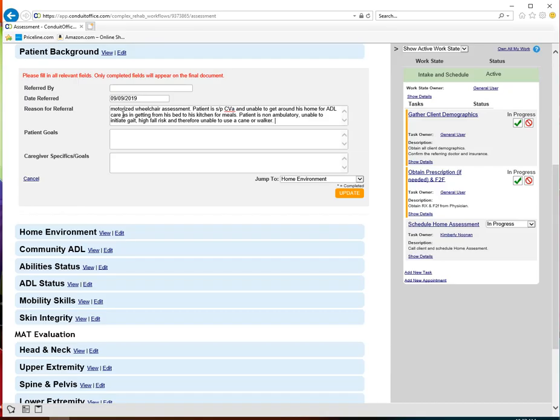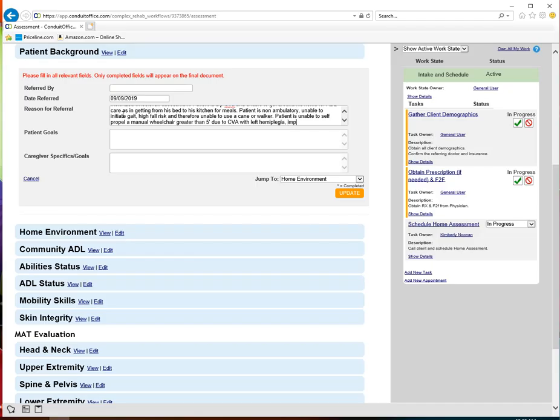Item number 2 is going to be our manual wheelchair. So patient is unable to self-propel a manual wheelchair. We tried him greater than 5 feet, due to CVA with left hemiplegia.